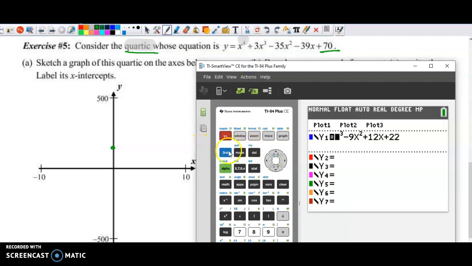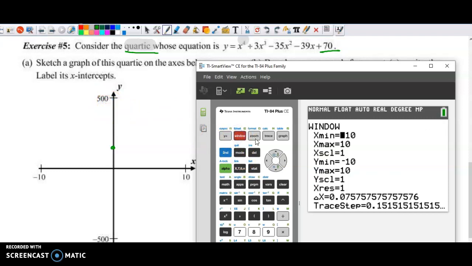What I like about these graphing calculators is I can hit second insert and then type this in, x to the fourth power, and then I just sometimes forget to hit the arrow over, -35x squared minus 39x plus 70.